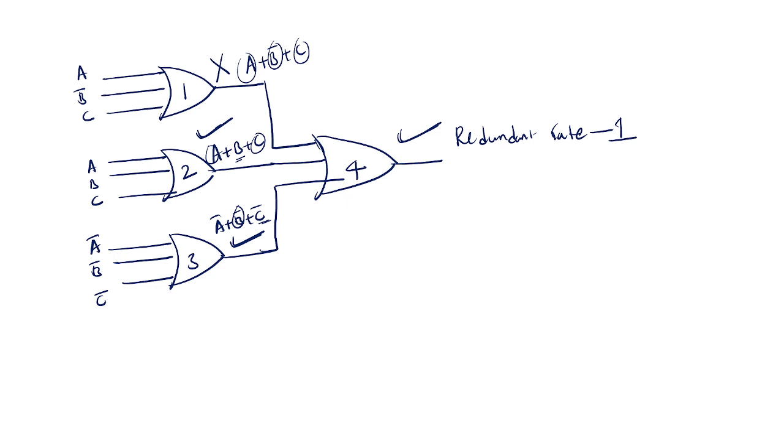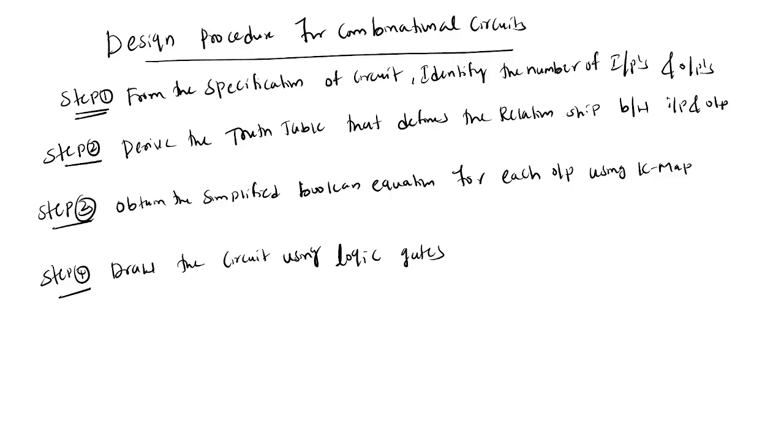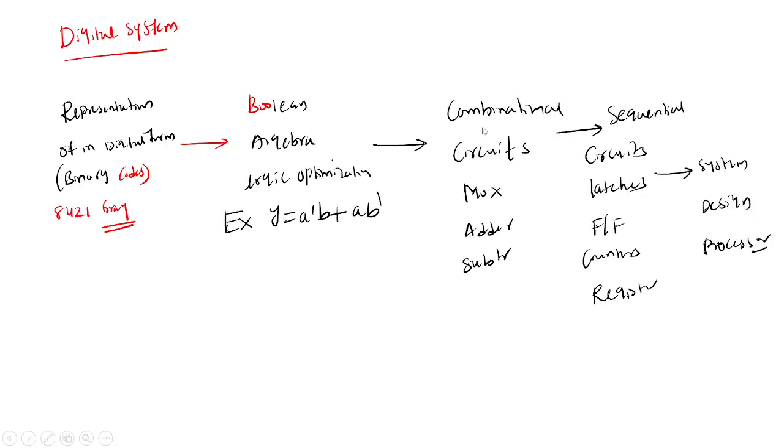Okay. So this is about the combinational circuits. Today we discussed what a digital system is and what there is in a digital system. First we learned about number systems, conversions, binary codes like ASCII codes, XS3 codes, gray codes, weighted codes, non-weighted codes.